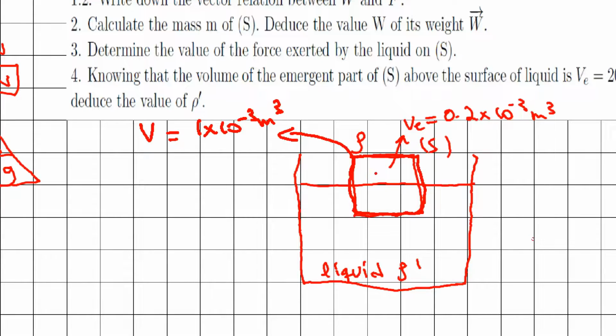And we know the emergent volume. But rho prime is given by the value of F divided by Vi multiplied by G. So in order to determine the value of rho prime, we need to know the value of Vi, which is the shaded part here, knowing the total volume and knowing the emergent volume.